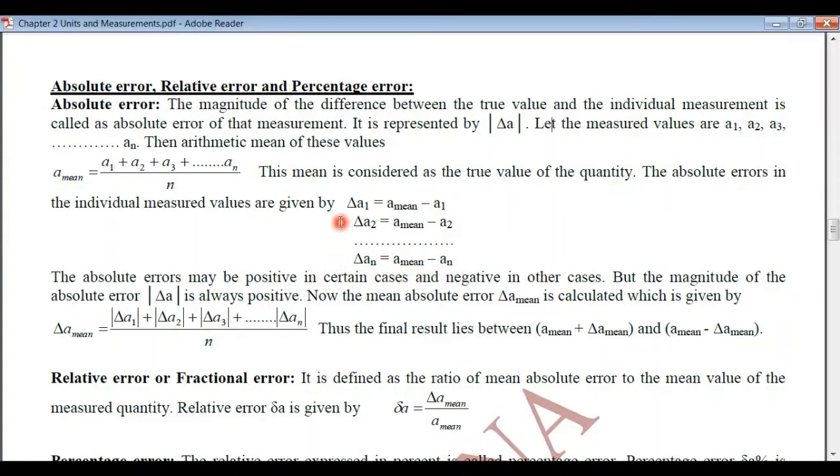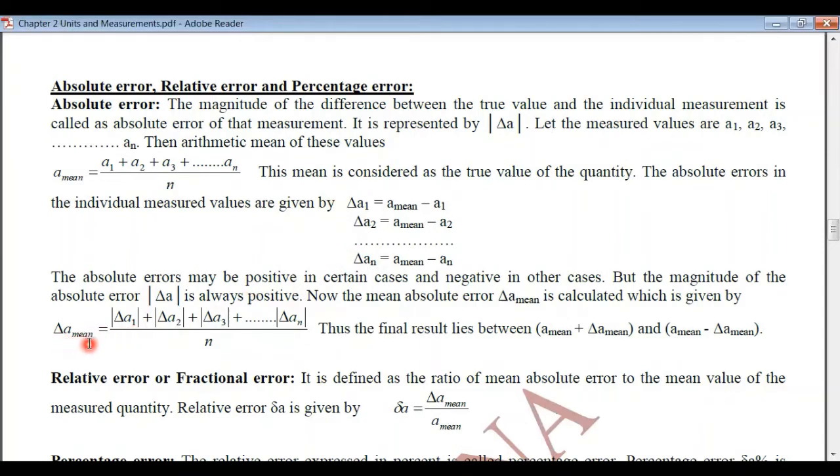Now these absolute errors may be positive or negative, but the magnitude of the absolute error, which is the modulus of delta A, will always be positive. So the mean absolute error is calculated by adding all these absolute errors and dividing by the number of observations.